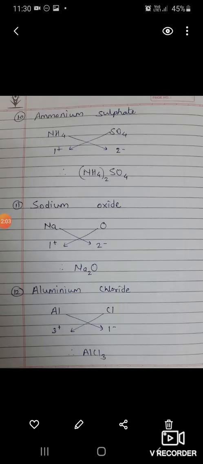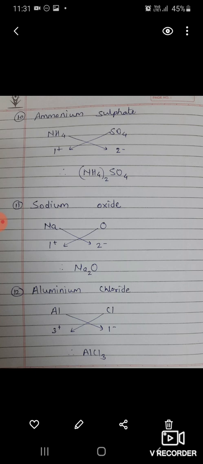Okay, ammonium sulfate. Ammonium NH4 plus, right? So 1 plus is the valency. Sulfate is SO4 2 minus. So 2 minus we have written down. So after crossing, now see NH4 is polyatomic. So the 2 will be common for NH4.